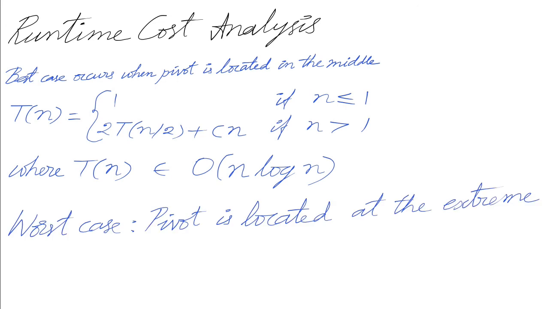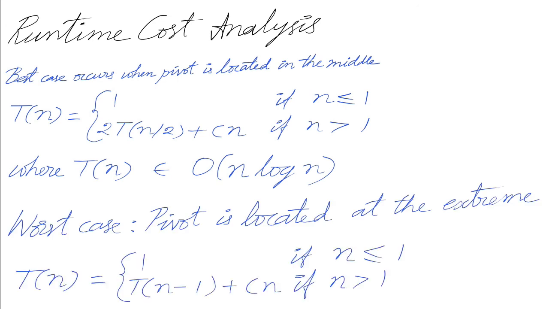Worst case is when the pivot is located at the extreme, and this is the time complexity function for that case. And you can recognize this as a quadratic function. So we have O of n squared as the time complexity.